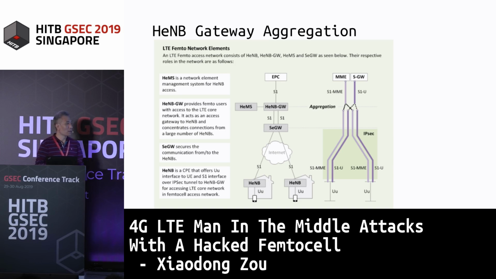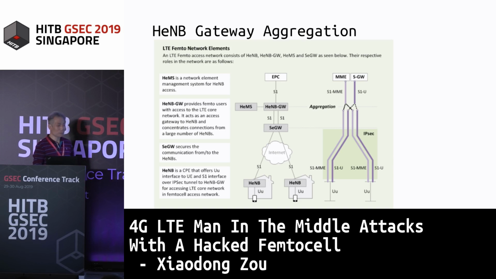Because they want to reduce the signaling pressure on the core network. So this is an eNodeB, this is another eNodeB. Both of them have two connections: one is S1-MME, the other is S1-U. After aggregation, there is only one link to the MME, and another link to the SeGW, which provides user data transfer.